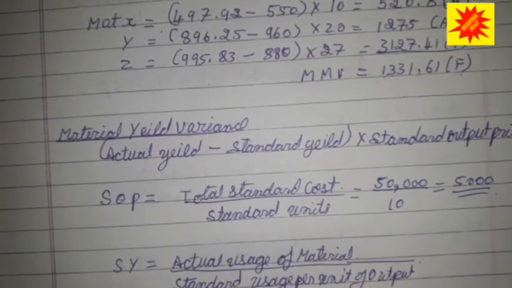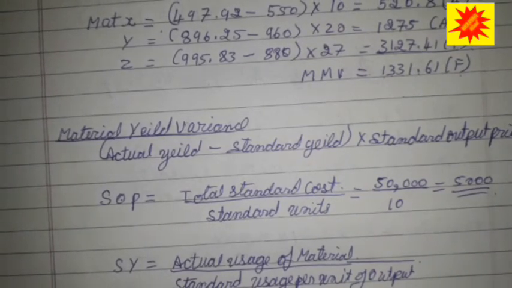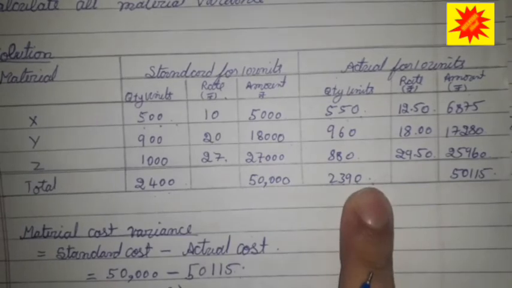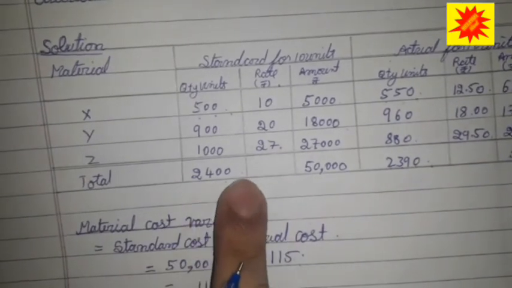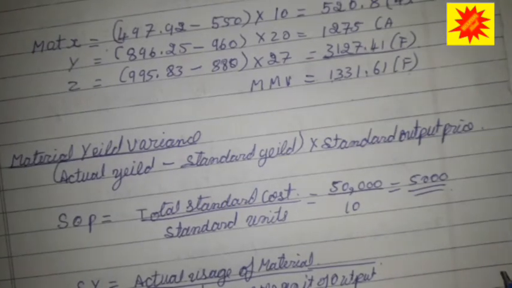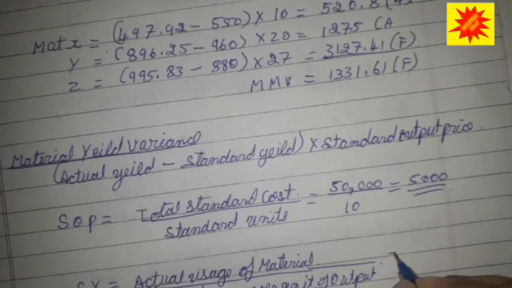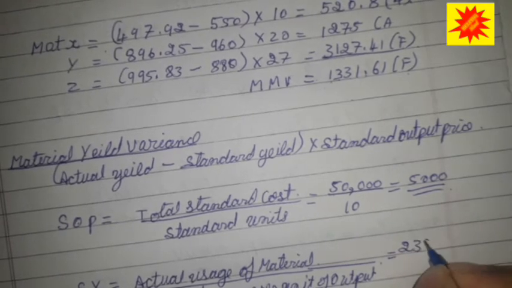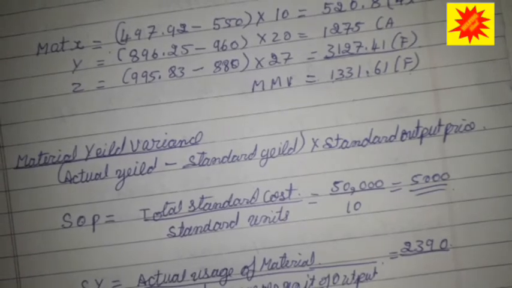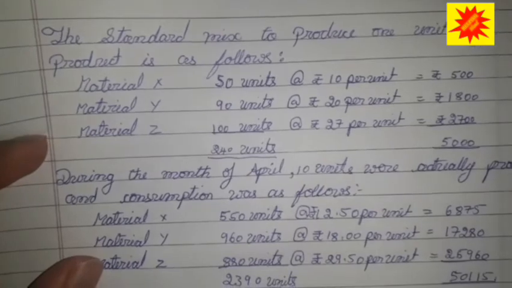so now in this question we have to see what is our actual usage of material. Actual usage of material is 2390. Standard usage was 2440, but actual usage is 2390. So we take 2390 divided by standard usage per unit of output. So per unit, remember this, very much important.